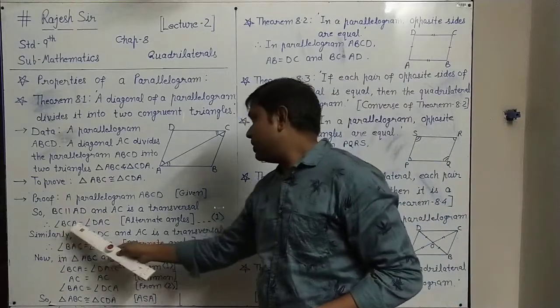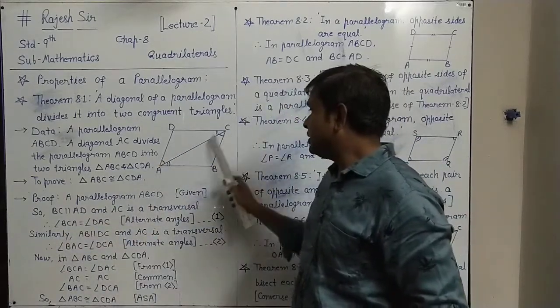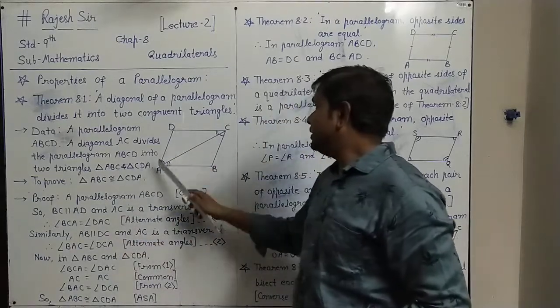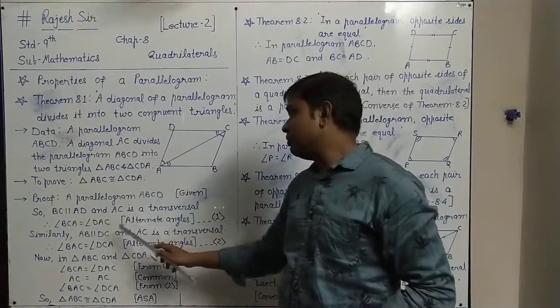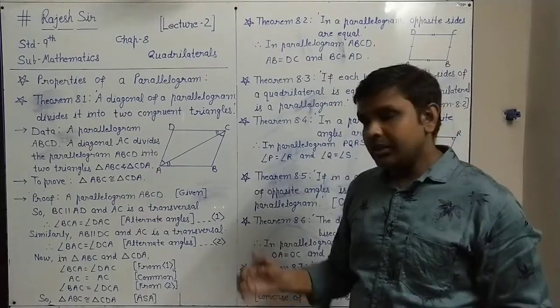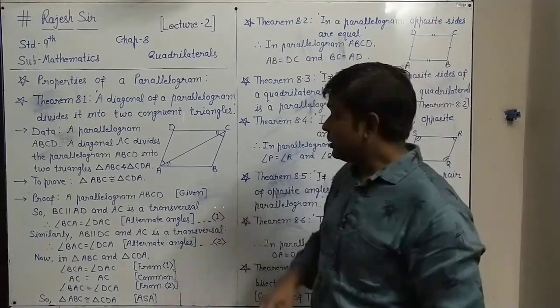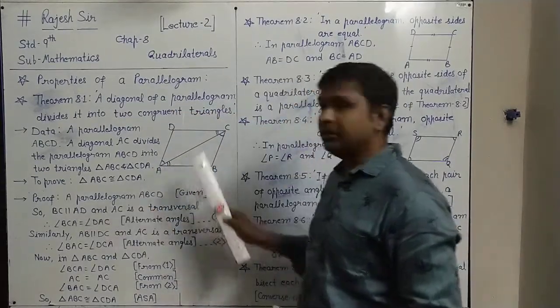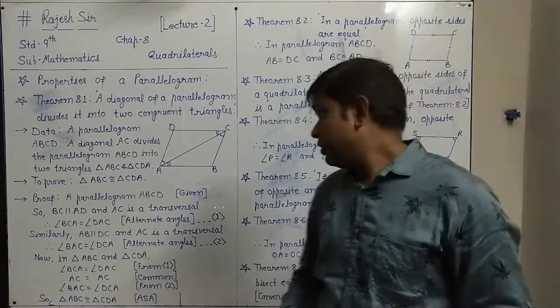So angle BCA equals angle DAC. These two angles are equal because they are alternate angles, and alternate angles between two parallel lines are equal. The two parallel lines are given because it is a parallelogram.